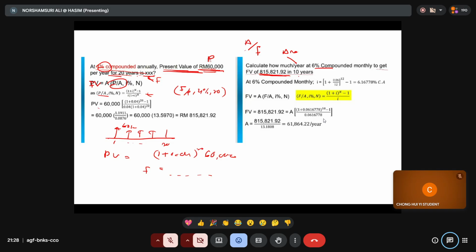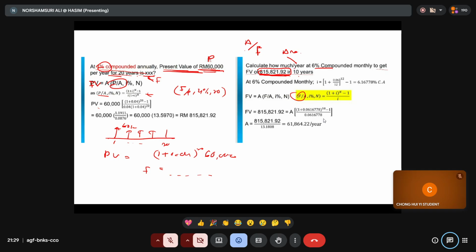So this is A over F. You already have the future value to get in 10 years, 800,000. But here they're using F over A, I think that's slightly wrong, because they calculate how much per year.